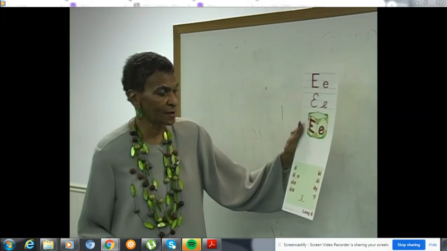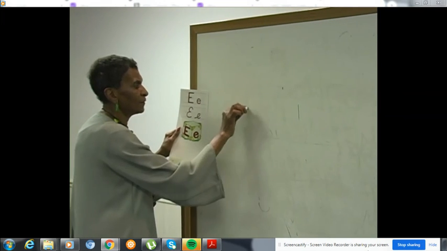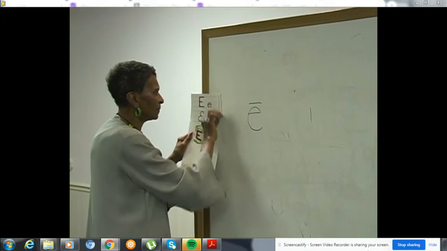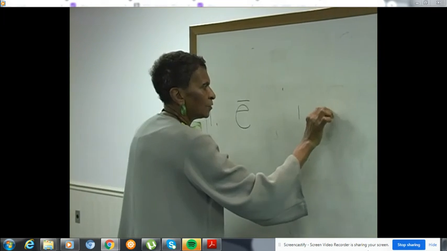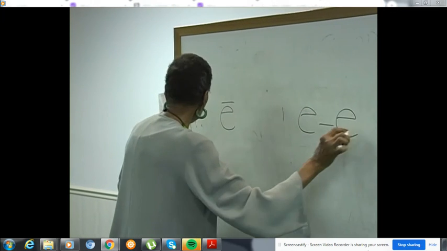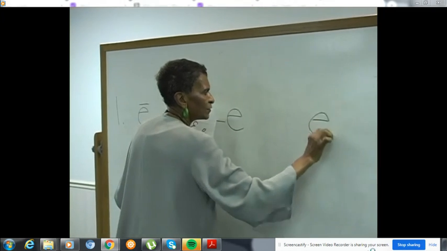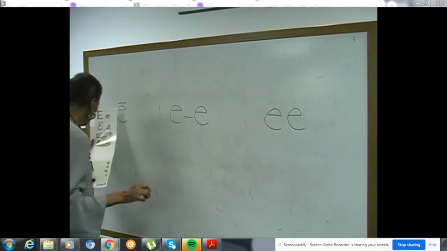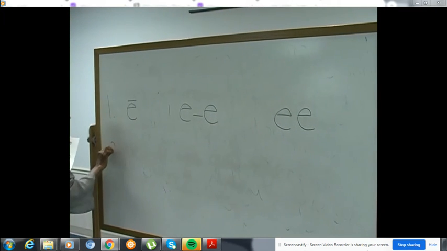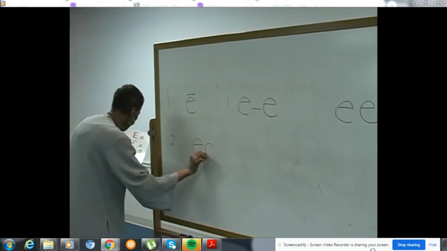Let's take the E card. Here we have E with a macron. Here we have E blank E. Here we have double E. Here we have EA.